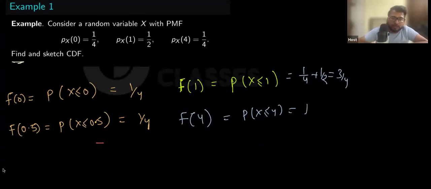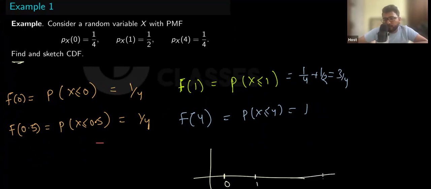So it is defined only at a few points. I mean, it is basically changing at 0, 1, and 4, right? Only at these 3 points it is changing. So at 0, it is 1 by 4.